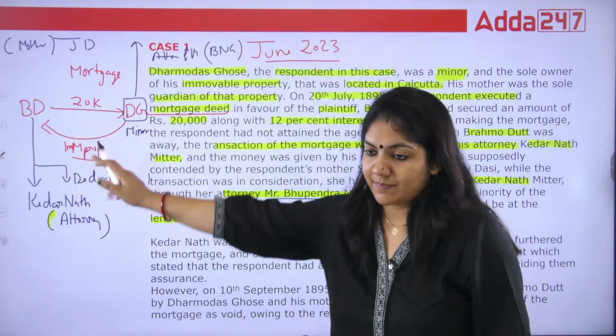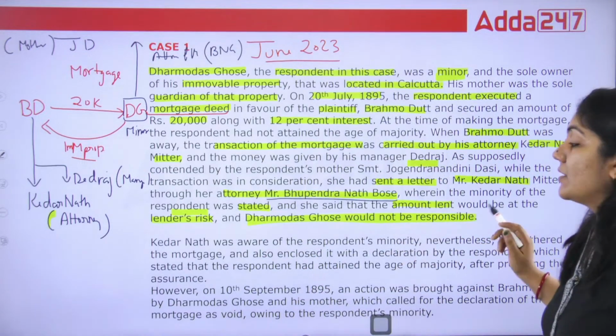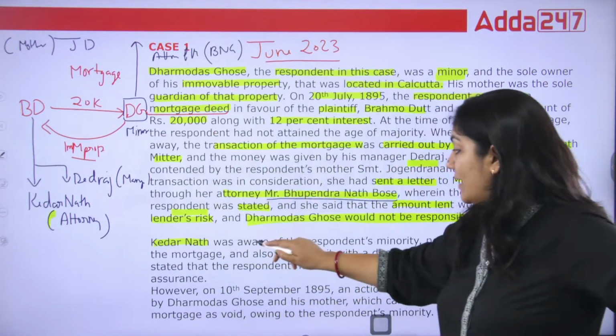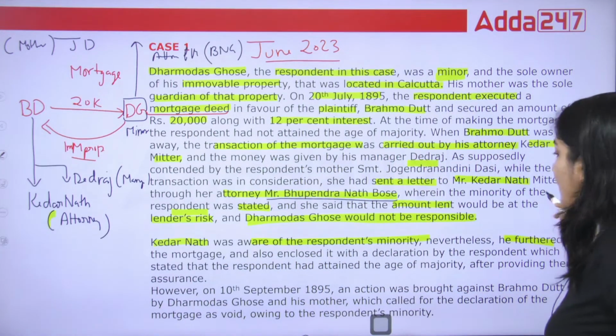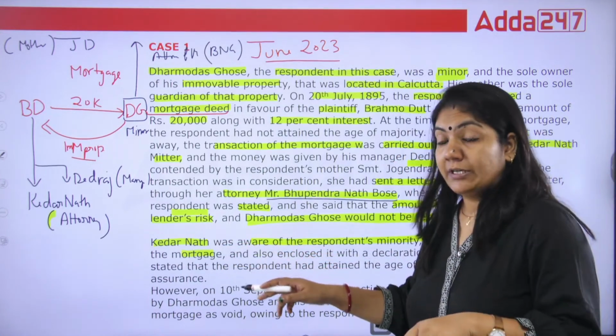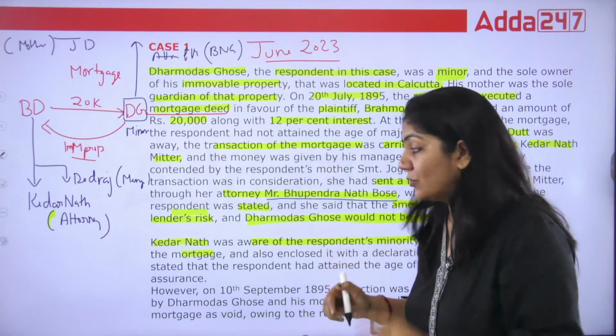Just see the diagram. Kedarnath was aware of the respondent's minority. The attorney of Brahmodat was aware of the respondent's minority. Nevertheless, he furthered the mortgage. It means Kedarnath knew that the opposite party is a minor, but still he did the contract. He did the mortgage.